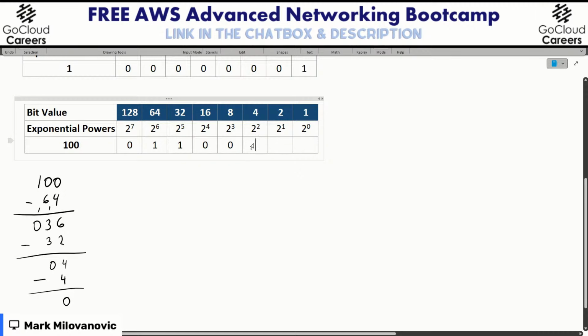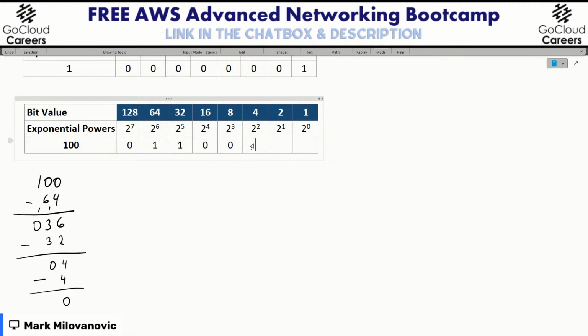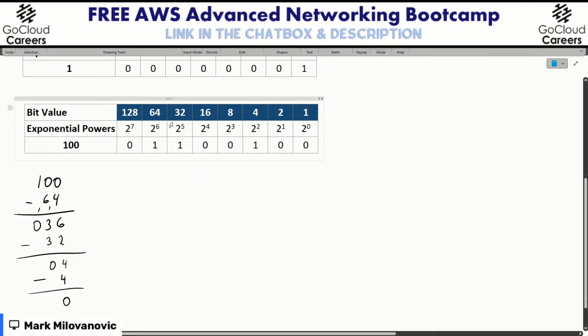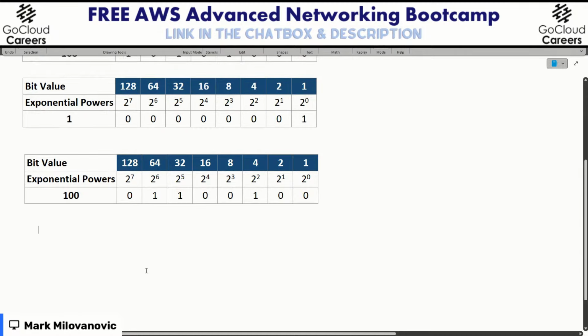We want to pay attention to it. We want to turn that bit value on by adding a 1. And then since we have nothing left over, we now have completed the conversion of 100. The remaining bits, which is 2 to the first power, or the decimal value 2 and 1, we're going to add a 0. Does everybody agree with this so far?